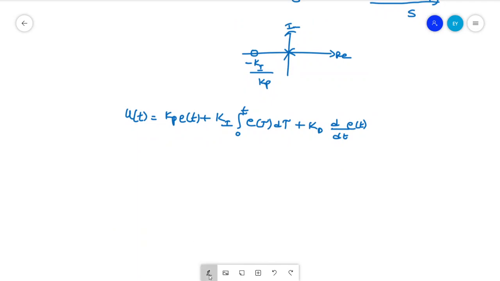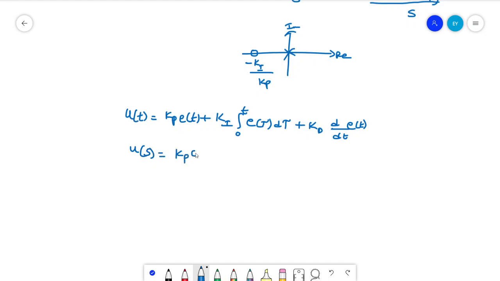If you apply the Laplace transform, the equation becomes kp e of s plus ki by s into e of s plus kd s into e of s, right? Take e of s common, and if you send the denominator s to the numerator, kp into s, and here kd into s square.